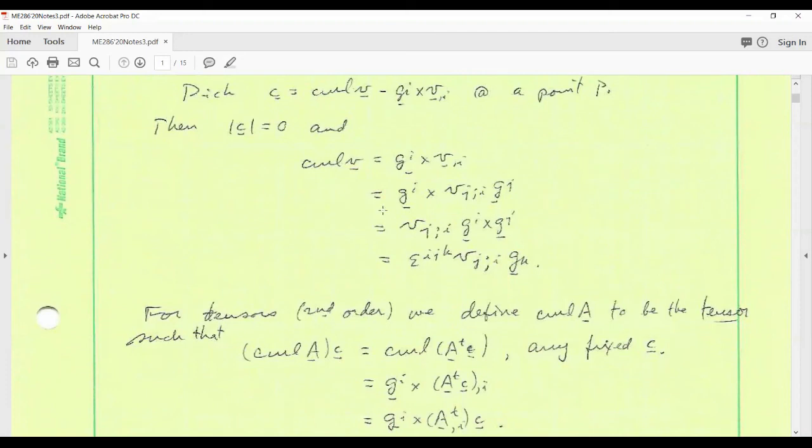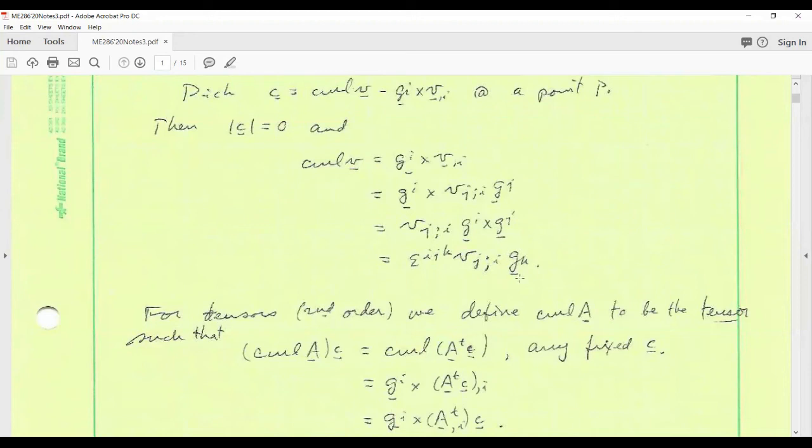By the way, this expression can be used to establish that this epsilon here is in fact a third order tensor, or the contravariant components of a third order tensor. Previously, we had not established that. The reason being that everything else in the equation has the tensor property, that is, the covariant derivative gives you the covariant components of a second order tensor with the transformation formula that we discussed previously.